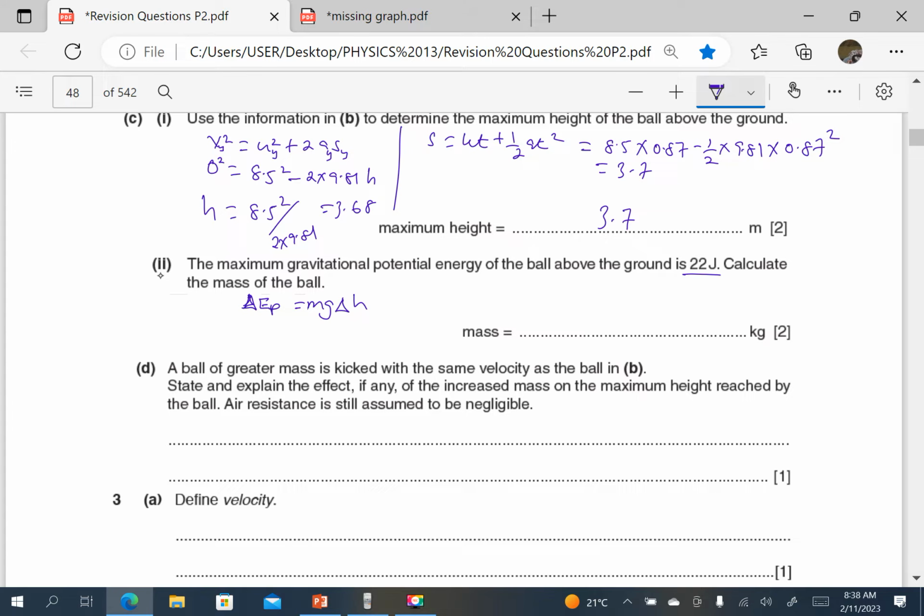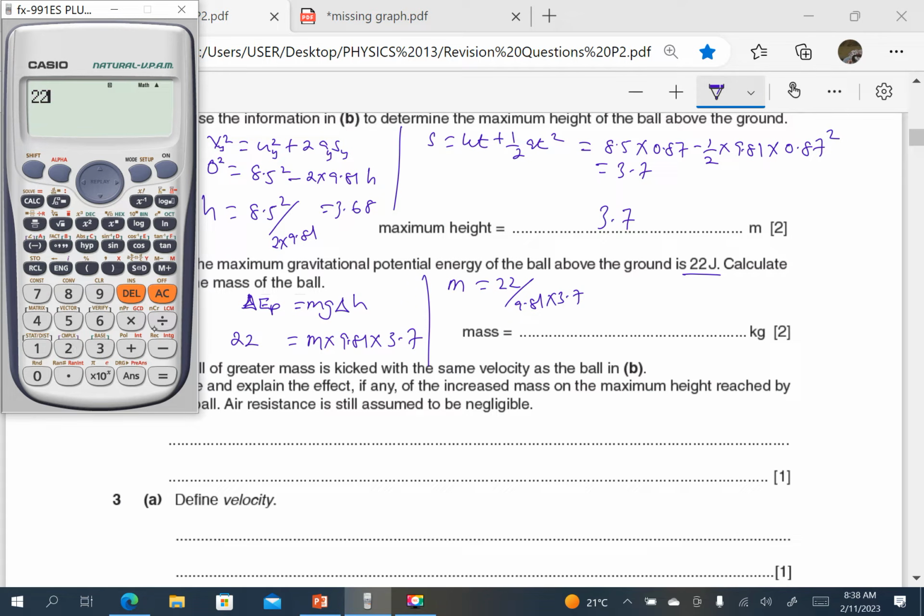They have given us that 22 is equal to m, which we want to find, times g, which is 9.81, times the maximum height, which we have seen as 3.69 or 3.7. So to find m, we just divide. m will be equal to 22 divided by 9.81 times 3.7. So that is 0.606, which is 0.61.